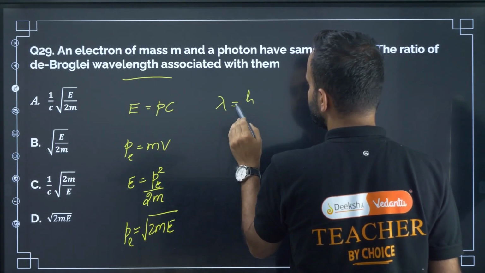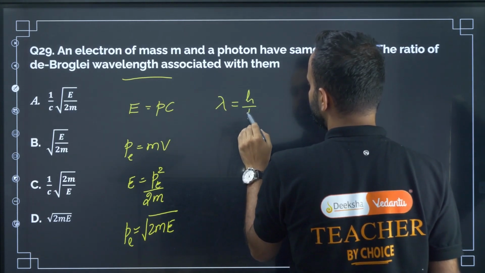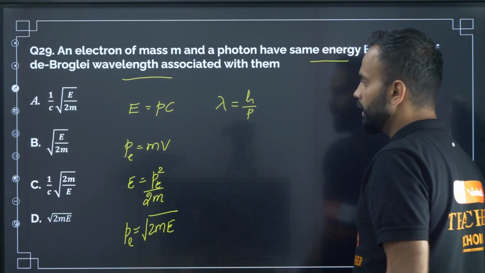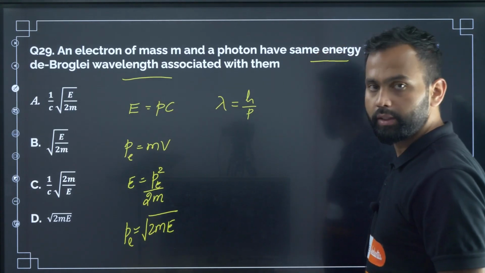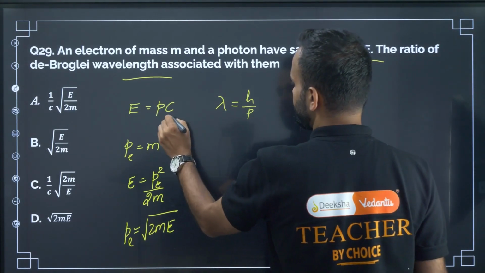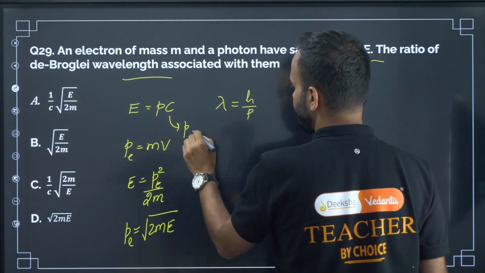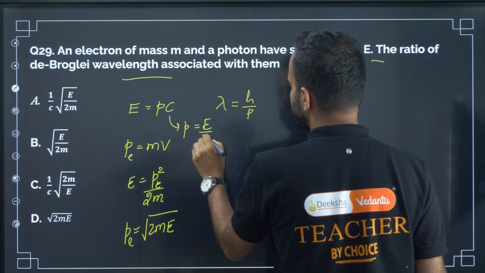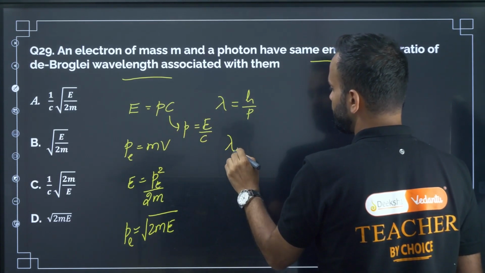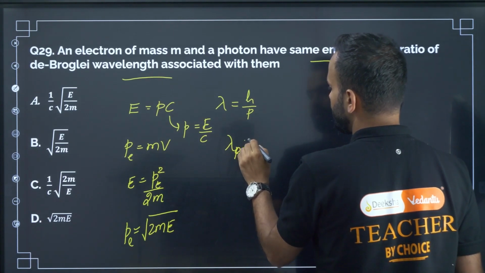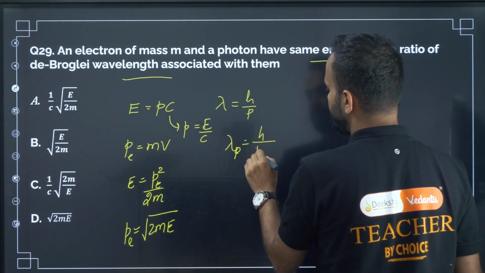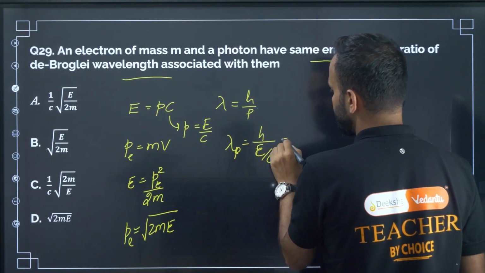Lambda equal to h divided by p. I can write this p as E divided by c. So the de Broglie wavelength of the photon is equal to h divided by E by c.